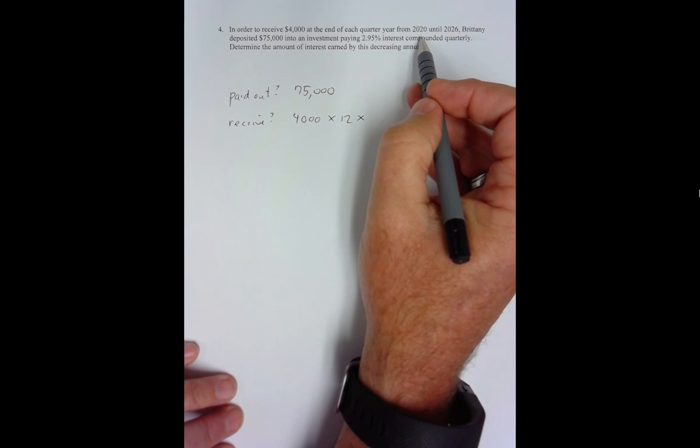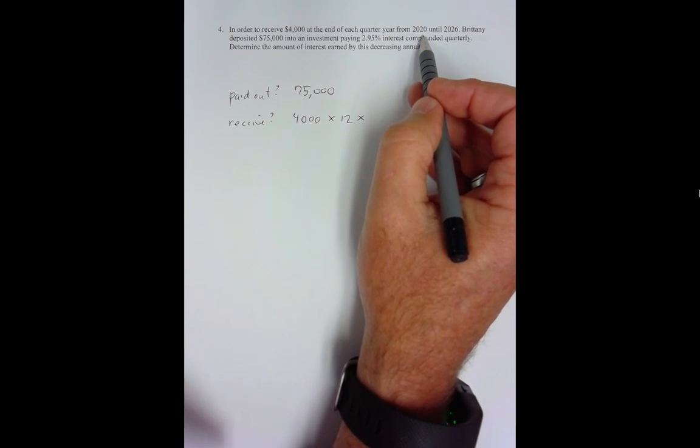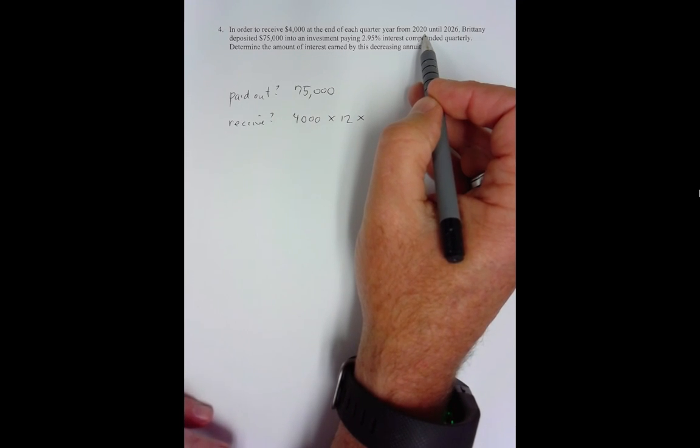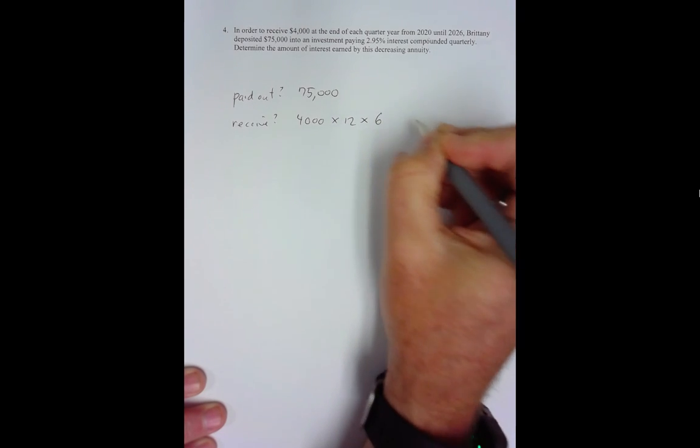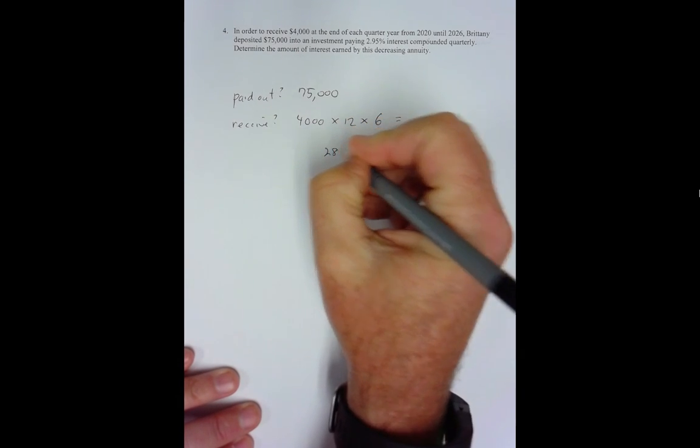So 2020, 21, 22, 23, 24, 25, 6 years. So she's going to receive back $288,000. Wow.